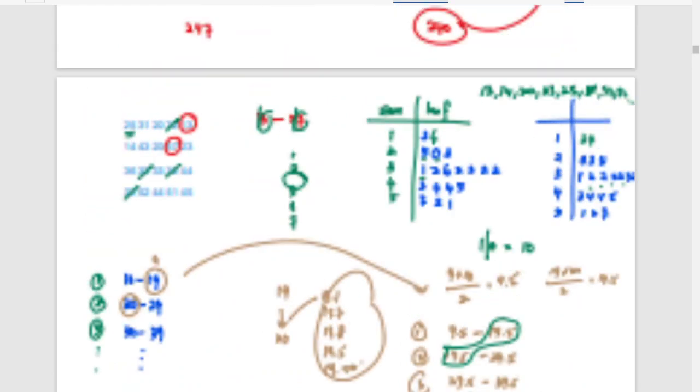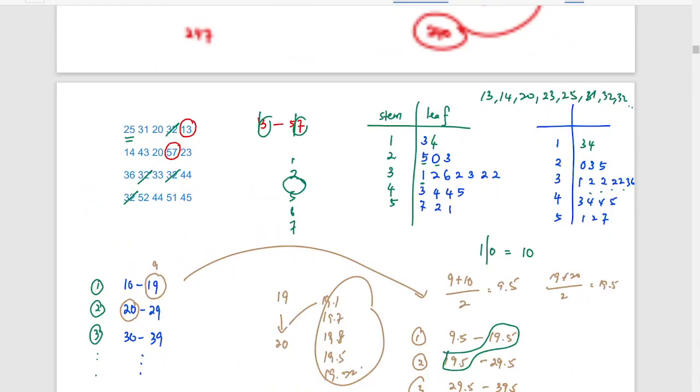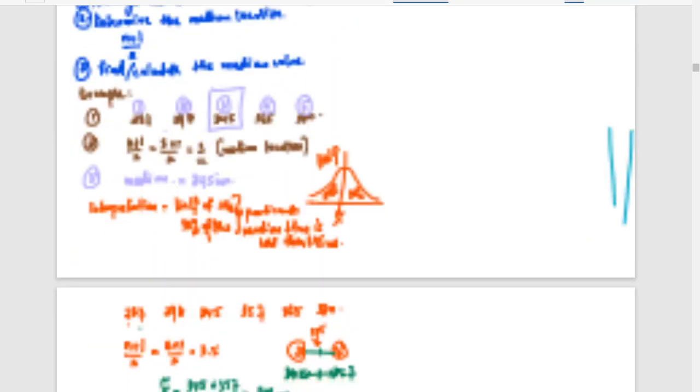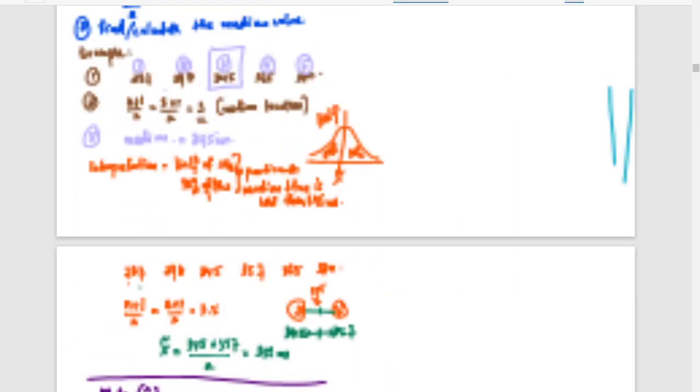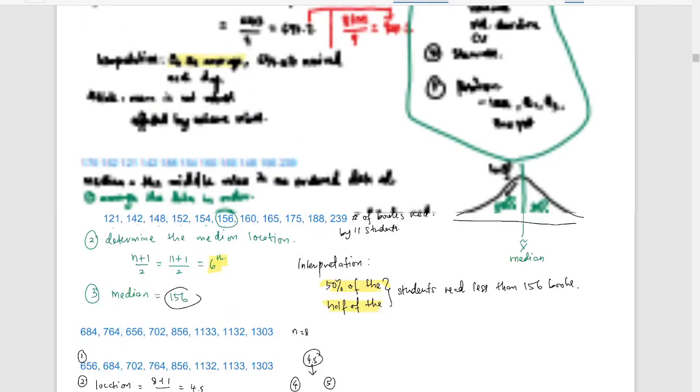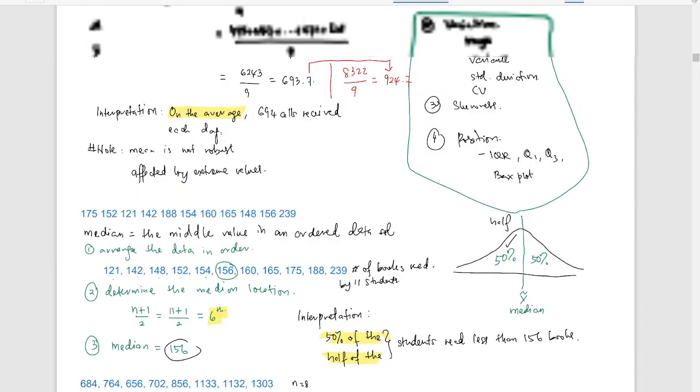Mana data kita, where is it? Okay, this one. Okay, suppose that we take this data balik. So kita try ambil balik data ni.